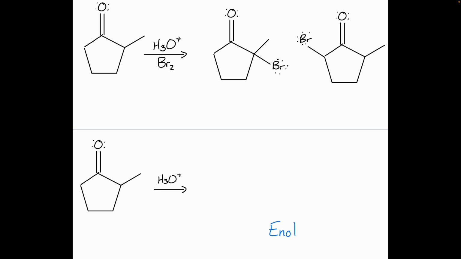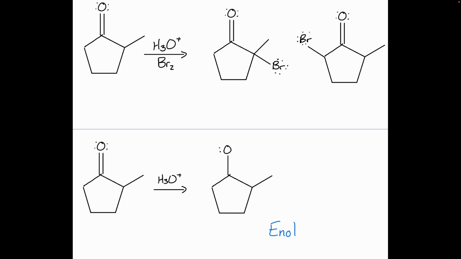All right, so starting with our ketone, we could get two different enols depending on which side our double bond forms. So we could have it over here. That would lead to this product.